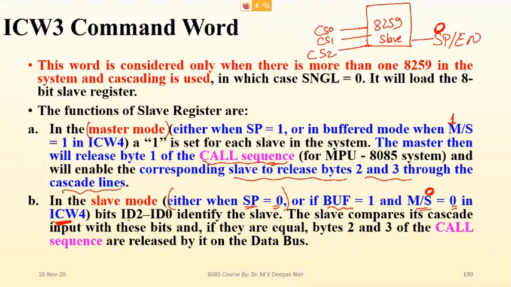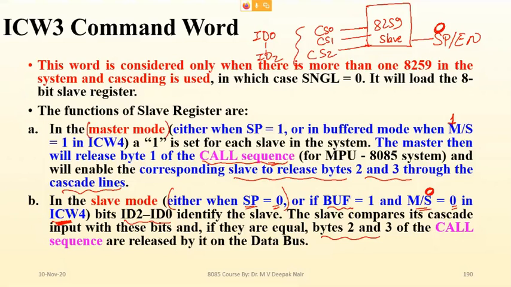Then ID2 to ID0 identify the slave. So where is this ID2 to ID0? We will check ICW3. In that we will find ID2 to ID0, which will identify the slave. Then the slave compares the cascade lines, these 3 lines, with the lines of ID2 to ID0.